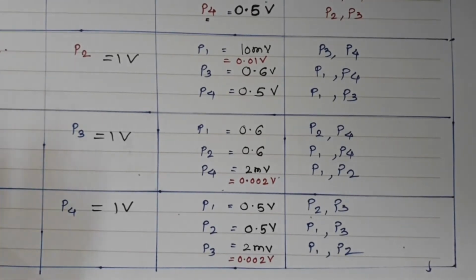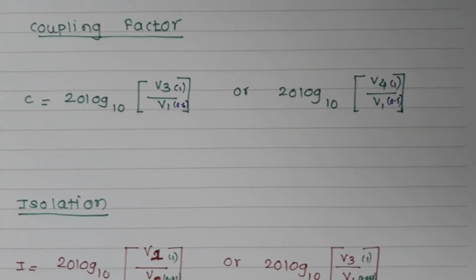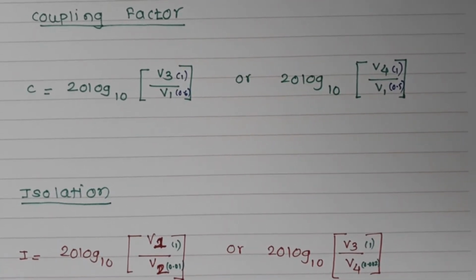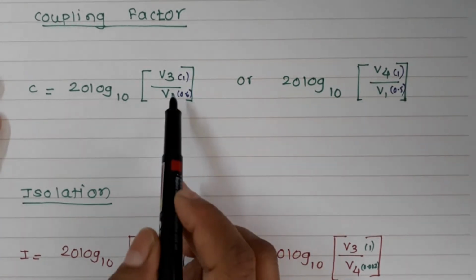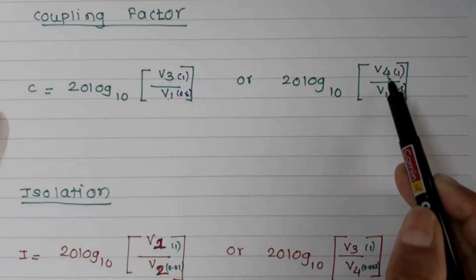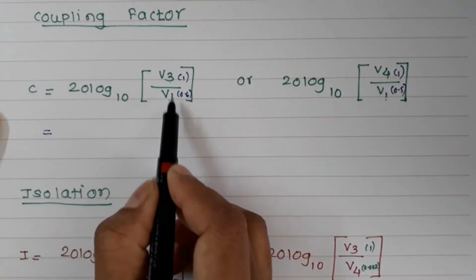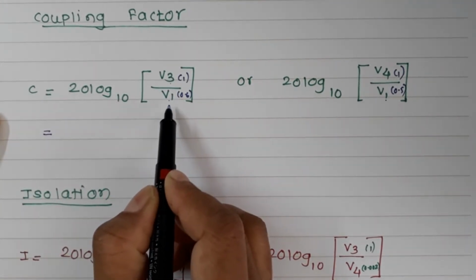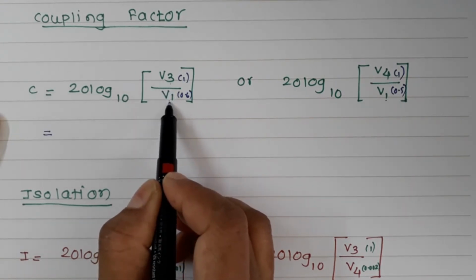Now let us see how we calculate the coupling factor. As I have already told you, the coupling factor is always between a port on the main arm and one on the auxiliary arm. So the ratio 3/1, otherwise 4/1. Here the input is given to port 3 and the output is checked at port 1.